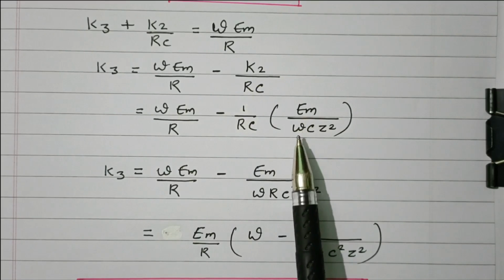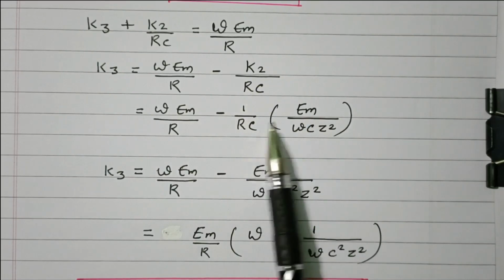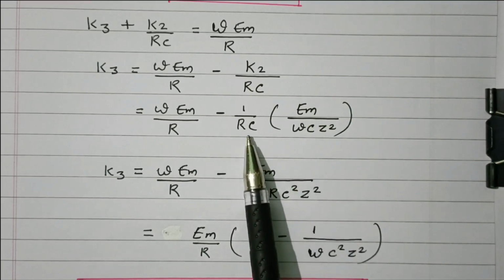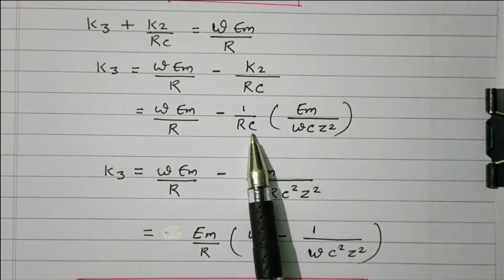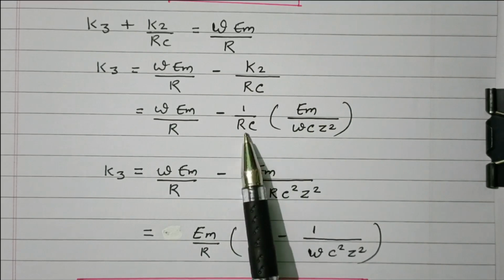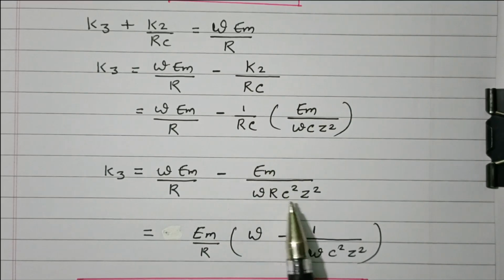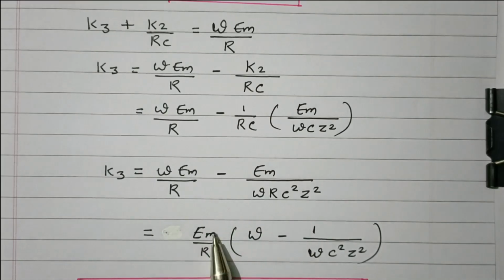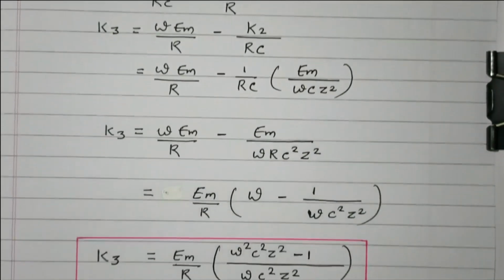K2 is Em by omega C Z square. Now multiply inside. Omega Em by R equals Em divided by R into C square. C is available 2 times, into RC square omega Z square. Right. Now Em by R is commonly available, so omega minus 1 divided by omega C square Z square, with Em by R taken outside.